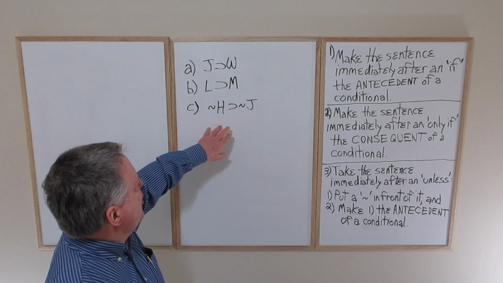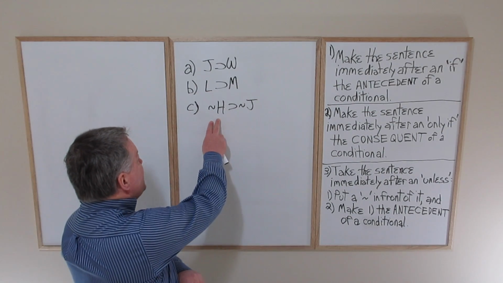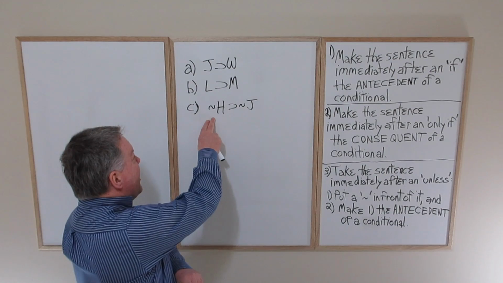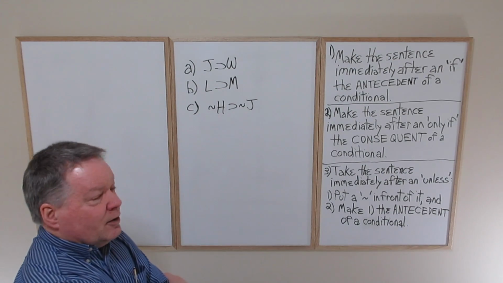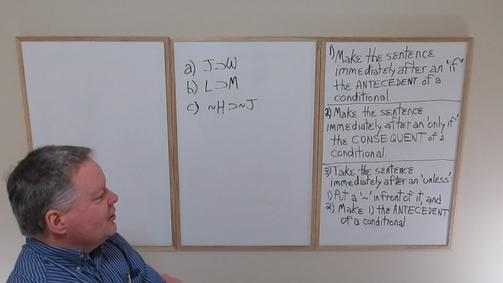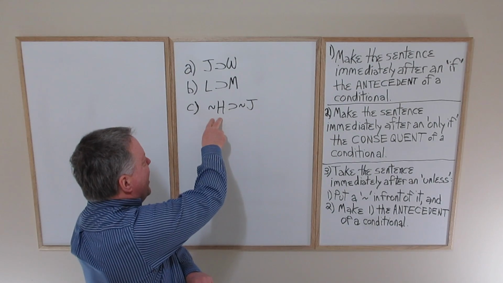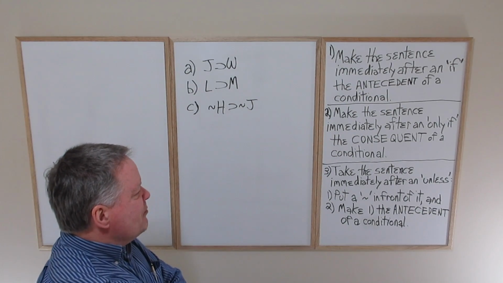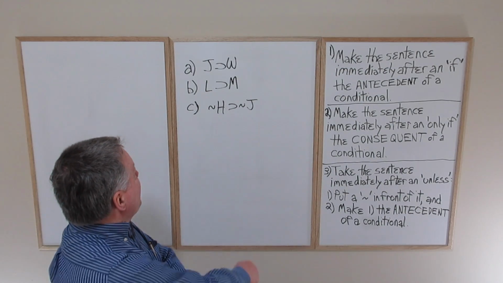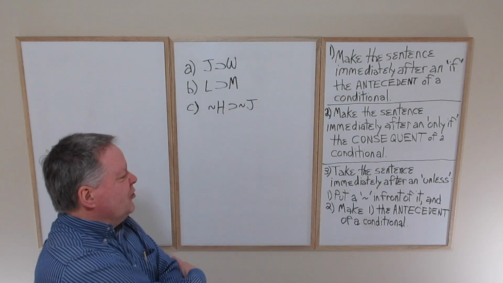One last thing to notice about this particular sentence. We've got a conditional where both the antecedent and the consequent are negated. Where do those two negations come from? Well, the negation behind H is because H occurs immediately after the word unless. That's what puts a tilde in front of it and makes it the antecedent.